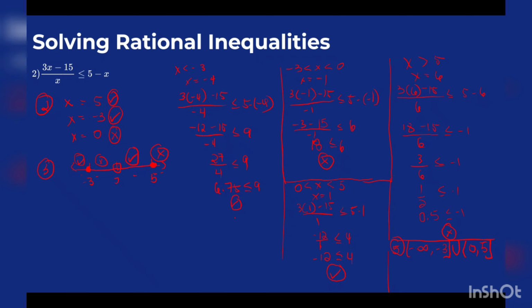And then for the set notation, we have set of numbers x such that x is an element of real numbers and x is the first interval, which is less than, but negative 3 is included, so we'll use the less than or equal to symbol, negative 3.